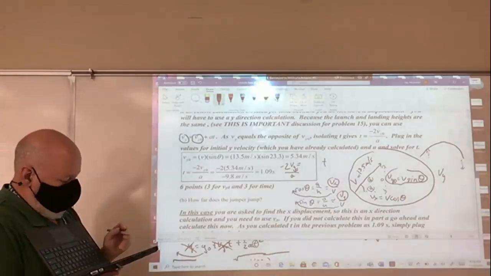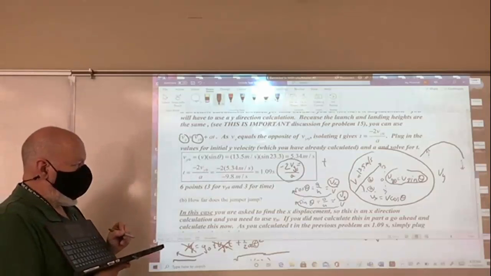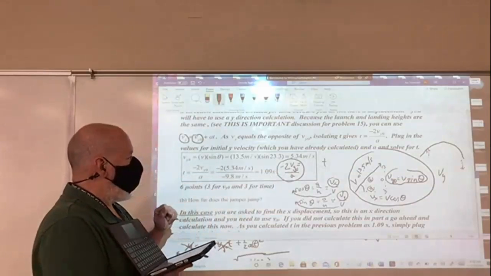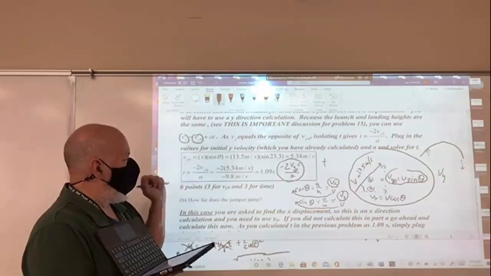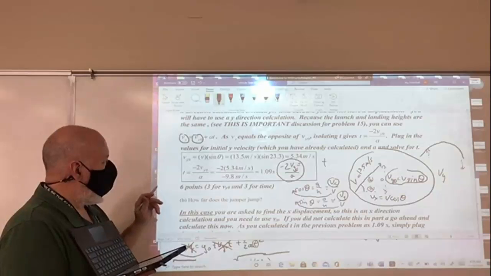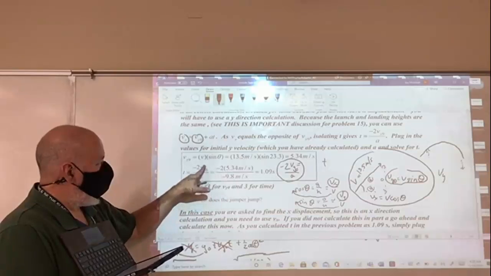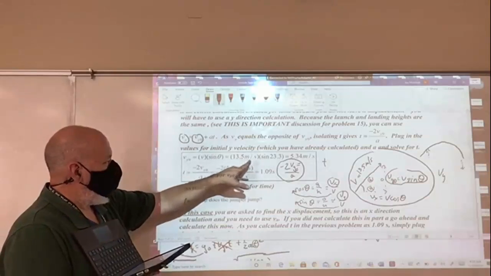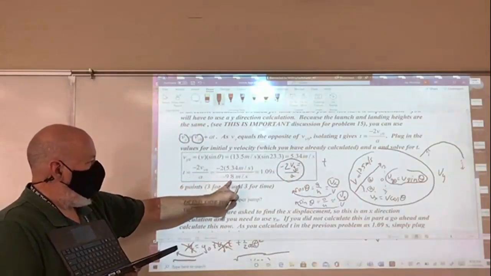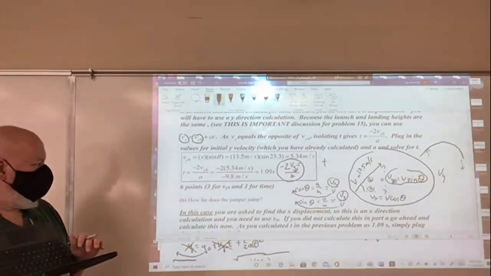And again, that will be something you'll have to be able to do. You'll have to be able to find time using this formula instead of the other formula. And so I wanted to find time, and I know that Vy0, because I've already calculated it, equals 5.34 meters per second. And I plug that in, and I get 1.09 seconds.